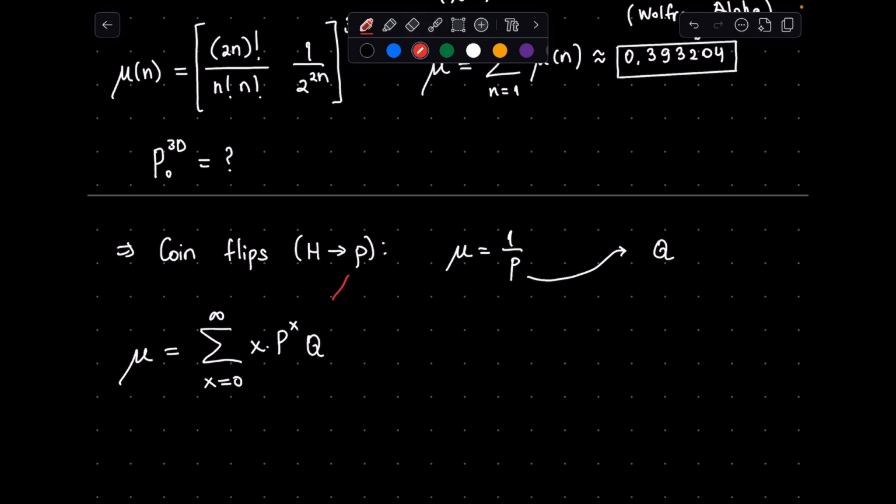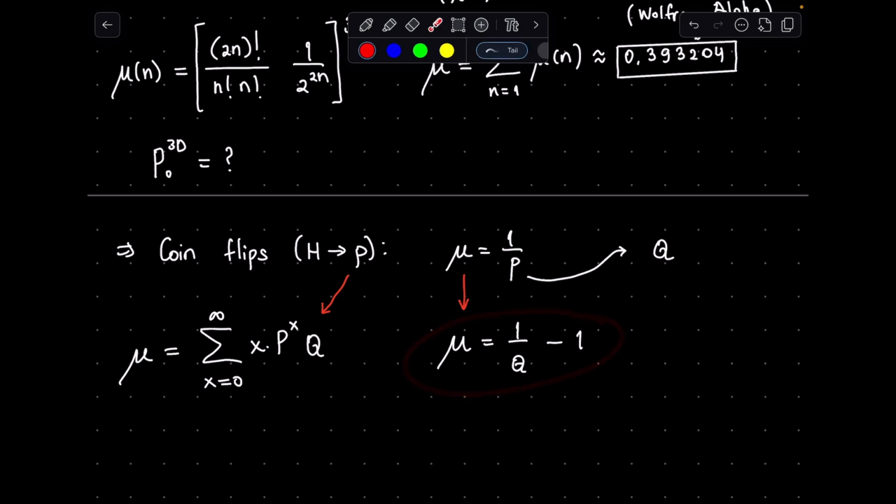Here, q would be like p in the coin flipping scenario. So just like in the above, this mean is going to be 1 over q. However, we actually have to subtract 1 because we shouldn't count the final event where it wanders off to infinity.